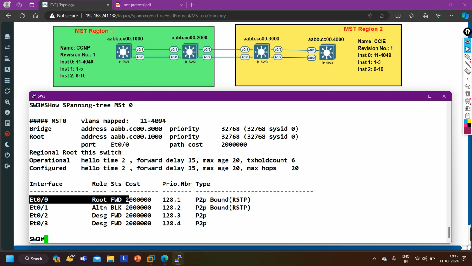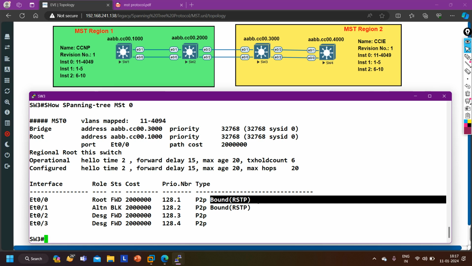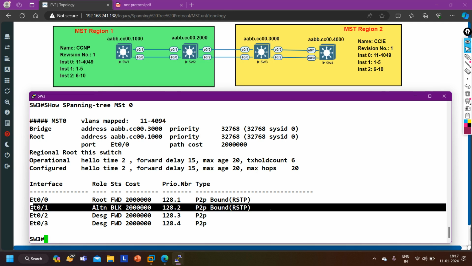So you can see, that's why you are able to see this keyword here, boundary RSTP, which means switch 3 has converted the MST BPDU to an RSTP BPDU. Switch 3 is treating the BPDU of MST, which switch 3 is receiving from switch 2, as a BPDU of RSTP. Fine. So 0/1 is the alternate port, right? And 0/0 is the RP.